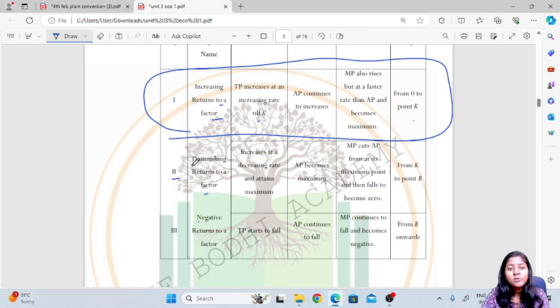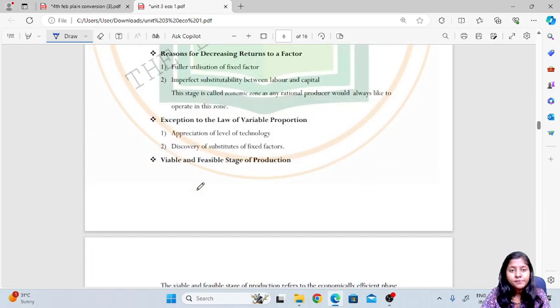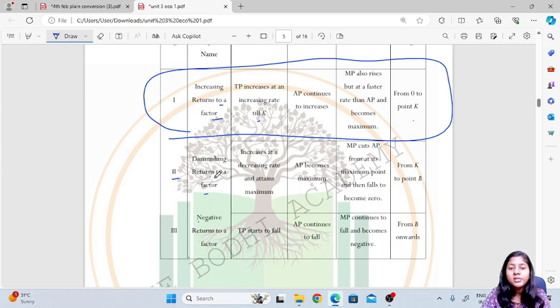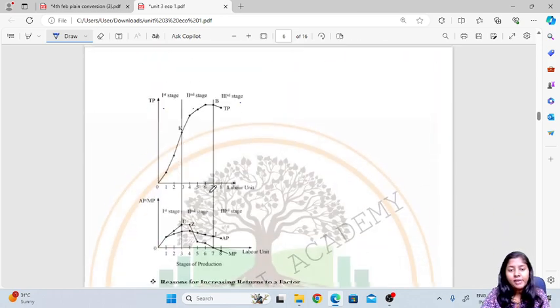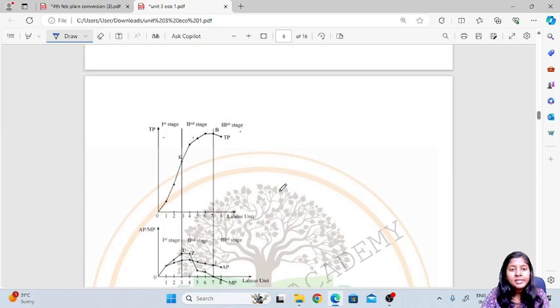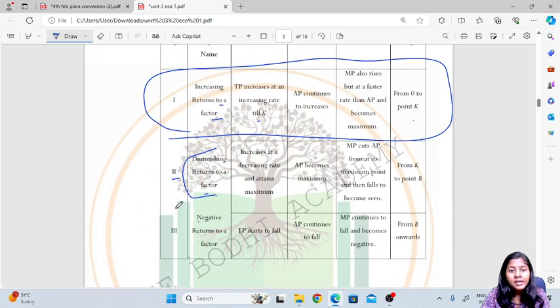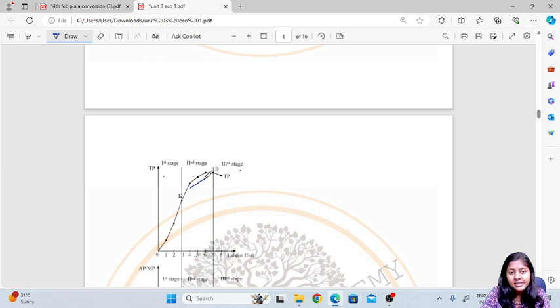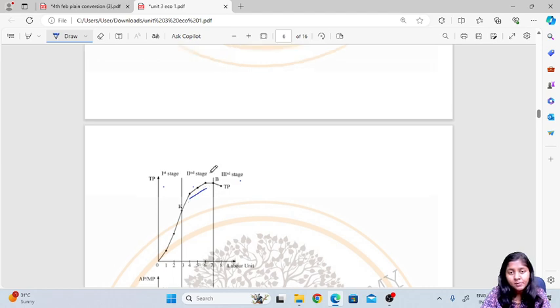Then if we move to the second stage, diminishing returns to a factor. TP increases at a decreasing rate and attains its maximum over here.